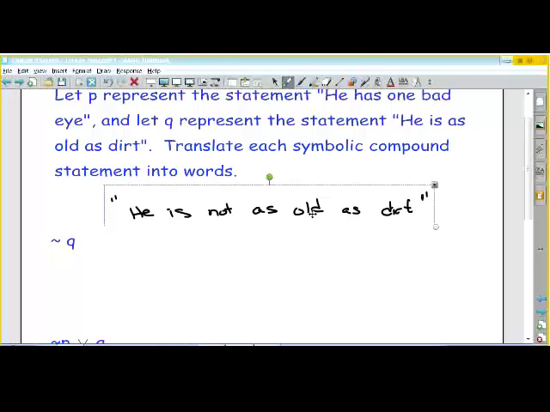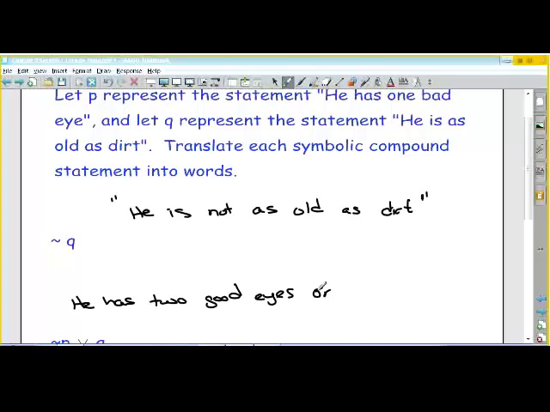So that's why you wouldn't want to use just he doesn't have one bad eye. So I'm going to say the answer is he has two good eyes, or he's as old as dirt.